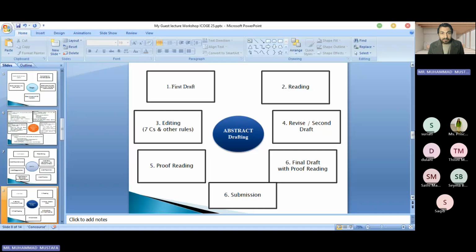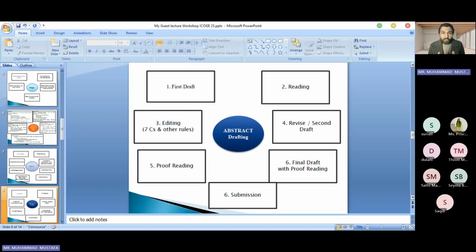What are the demands by the conference team? And what are the demands of the university or your institution, or what styles and format they are proposing.